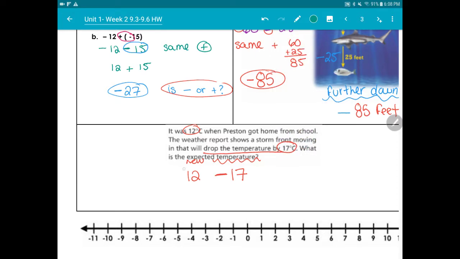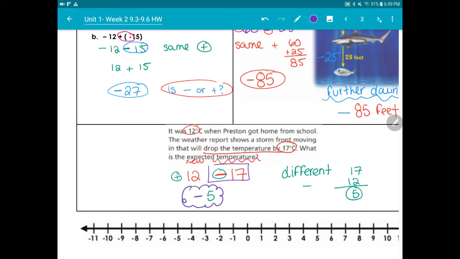Okay, so my 12 is positive, and this is negative, so they are different. So that means we need to subtract. So 17, take away 12, is 5. Then I ask myself, what is bigger? The 17 is bigger, so my answer is negative 5.